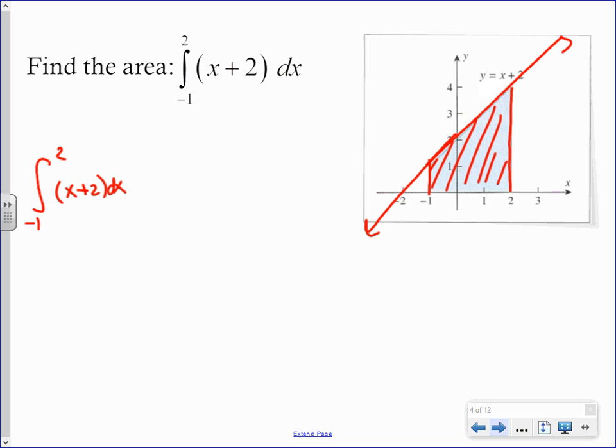It looks like a majority. So our trapezoid, 1/2. What's the height of our trapezoid? 3. What's one base? 1. Plus, what's the second base? 4.